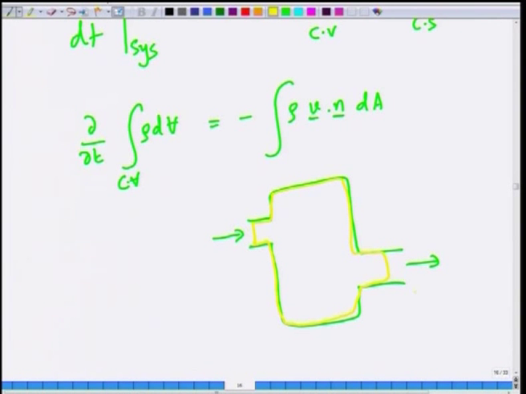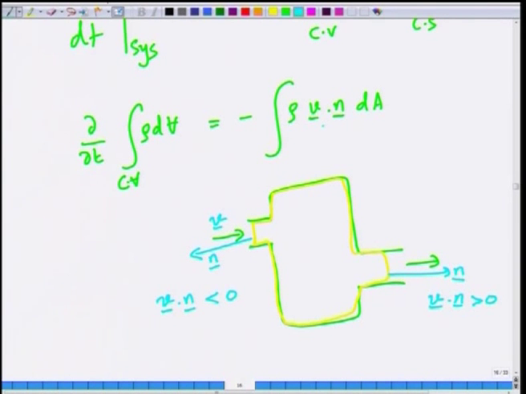The key thing that we emphasized many times in this course is that n is a unit outward normal to the control surface. So, at inlets the velocity and the normal are in opposite directions, v dot n is negative, and at the outlet v dot n is positive.